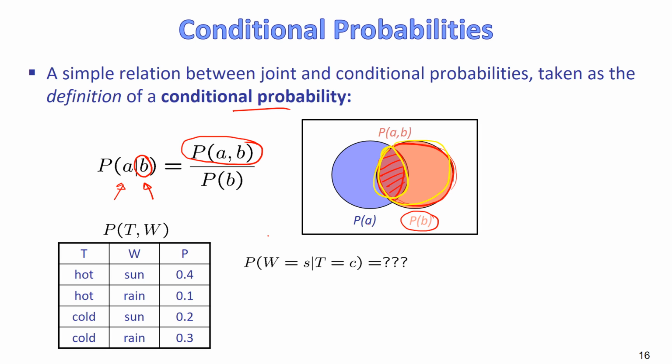Now I want to calculate the probability that the weather is sun, given that the temperature is cold. So using the rule, this is equal to the joint probability of both, let me write it in short form.